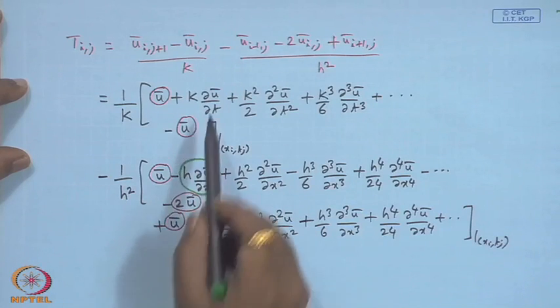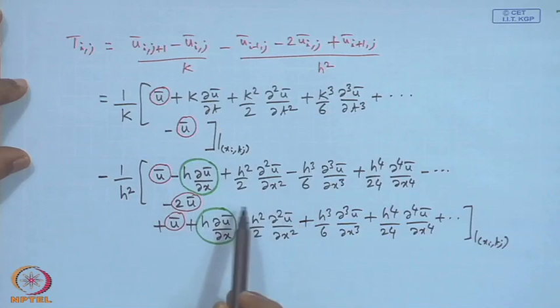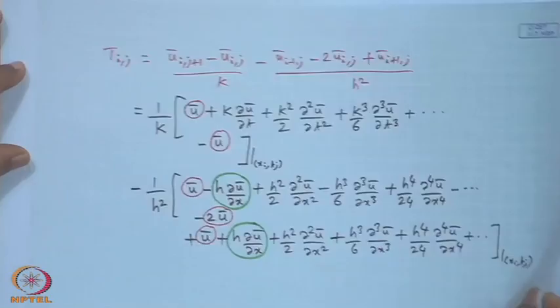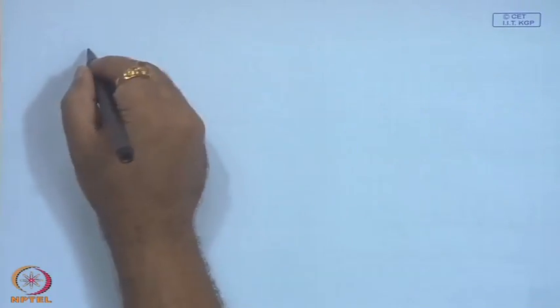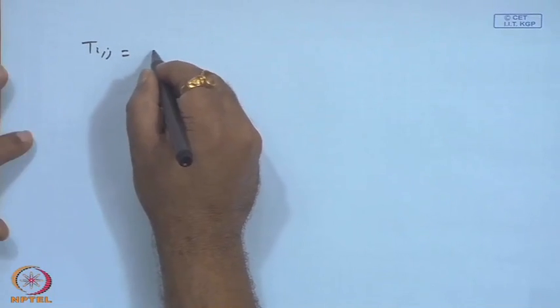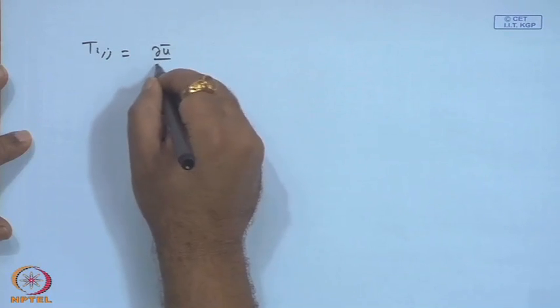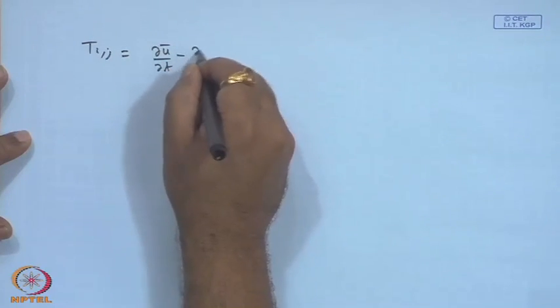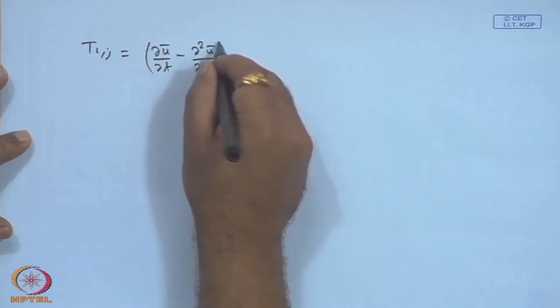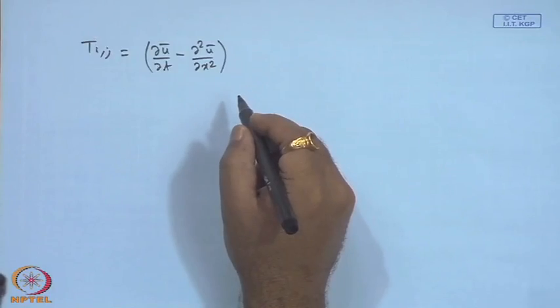So, the first term is dou u bar by dou t minus dou square u bar by dou x square. Okay. So, this is the first term. Let us write down T i j reduces to, of course, evaluated at x i, t j.